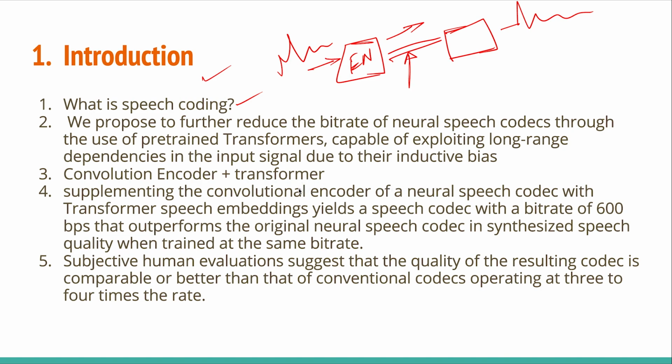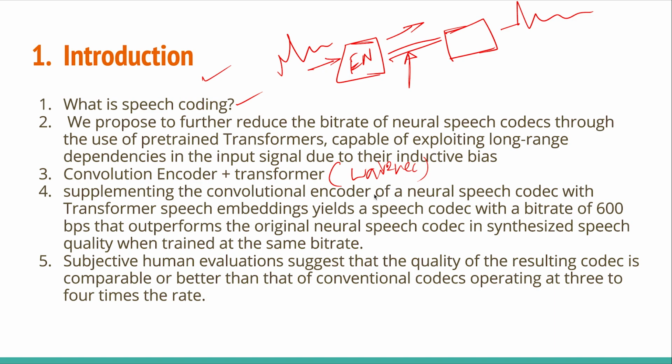So in this paper they propose to use a combination of two different types of encoders. There's one convolution encoder which we'll understand, and we are also going to use this pre-trained transformer, which you can think of as some kind of wav2vec or any other self-supervised model, right?